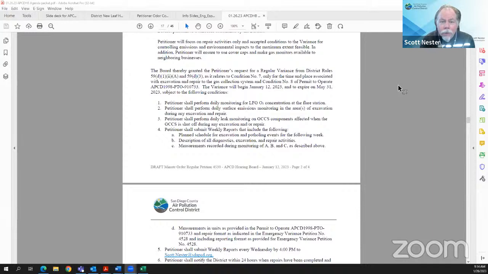So in item 2 in the list below the paragraph that we were just on, the one that says petitioner shall perform daily surface monitoring, what we would suggest is, after "petitioner shall perform," insert the words "weekly surface emissions monitoring, comma, and."